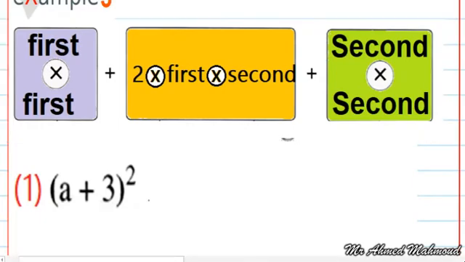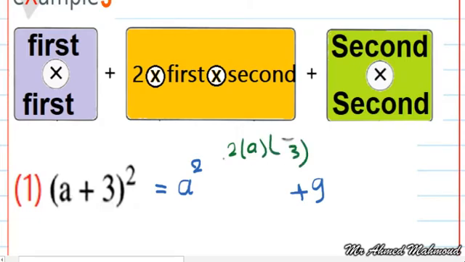Now I'm going to multiply first by first. a times a equals a to the power of 2, and then I'm going to multiply second by second, which is 3 by 3 equals 9. Okay, then in the middle I'm going to multiply 2 between brackets a between brackets 3.